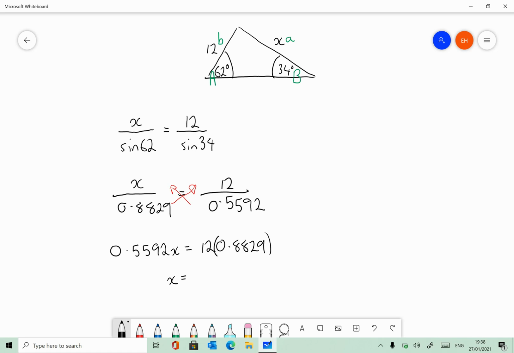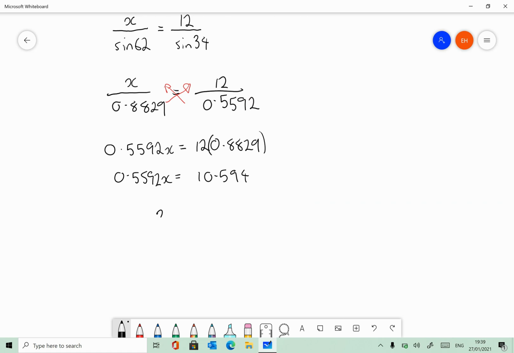So 0.5592x equals 12 multiplied by 0.8829, which is 10.5948.